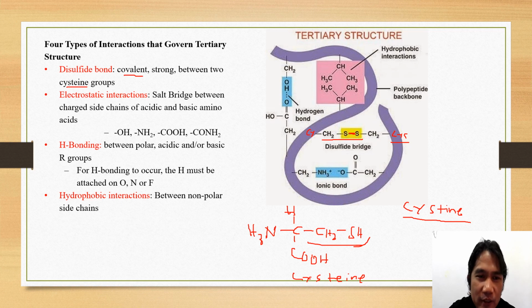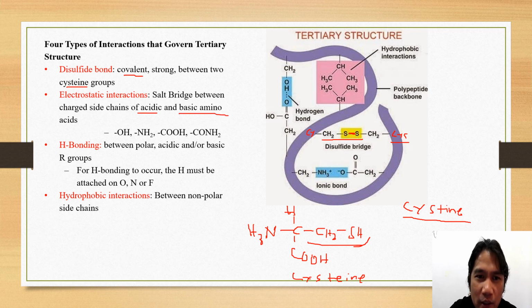All right. Next is electrostatic attraction, electrostatic interaction, or salt bridge. This happens when the neighboring amino acids have an acidic side chain or a basic side chain.